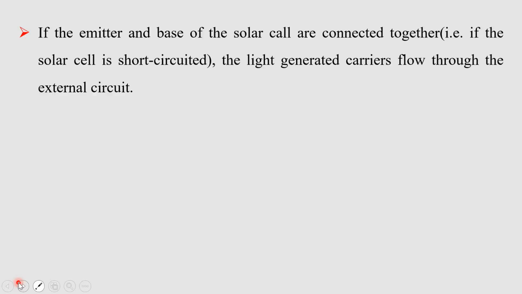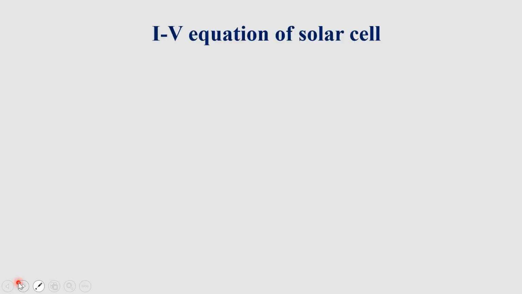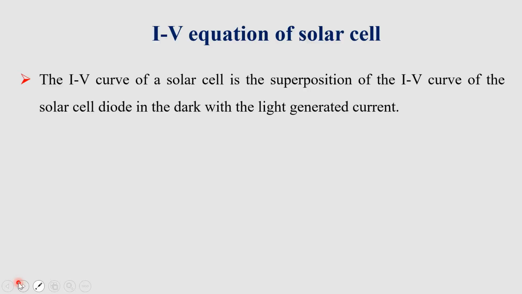In this discussion, another point is the IV equation of solar cells. The IV curve of a solar cell is the superposition of the IV curve of the solar cell diode in the dark with the light generated current.